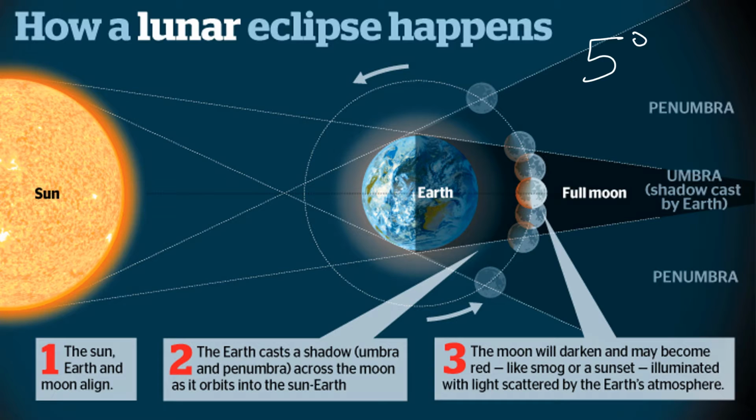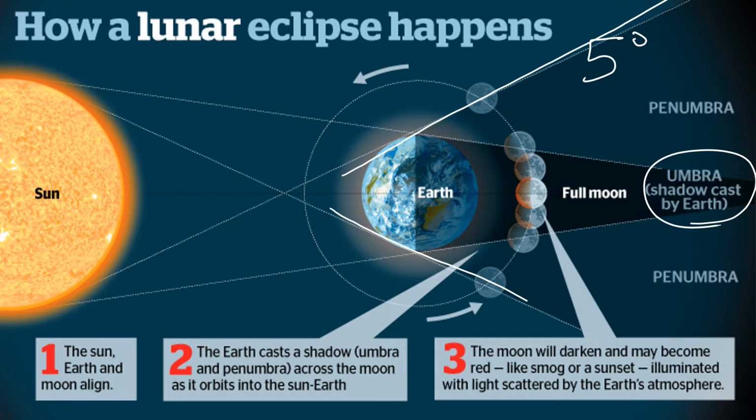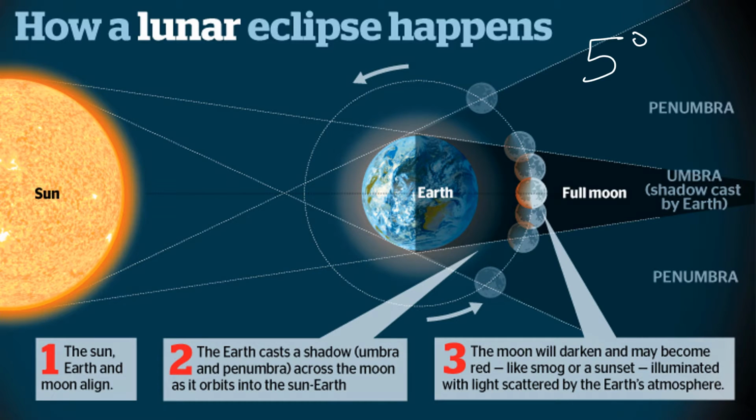The umbra is the most direct shadow, while the penumbra fans out to the side across the moon as it orbits into the Sun-Earth path. Then the moon will darken and may become red like smog or a sunset, because it's illuminated with light scattered not directly by the sun, but by the Earth's atmosphere. And so we end up with some really stunning images to look at.